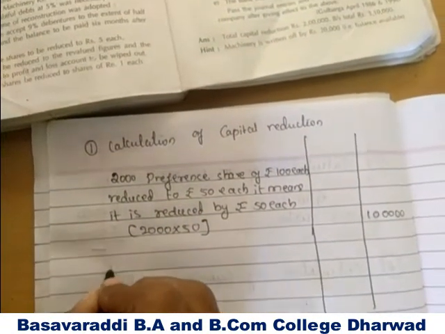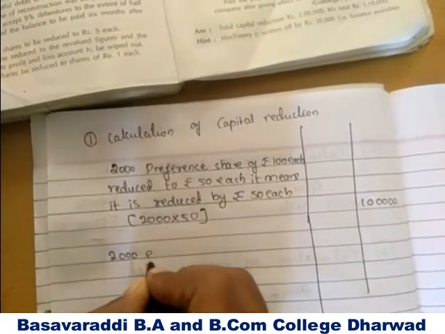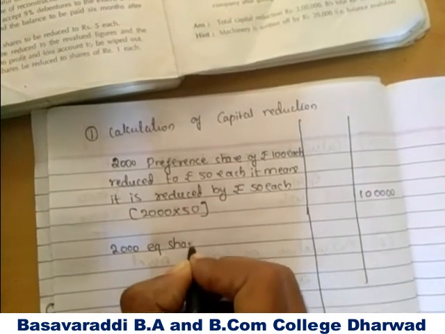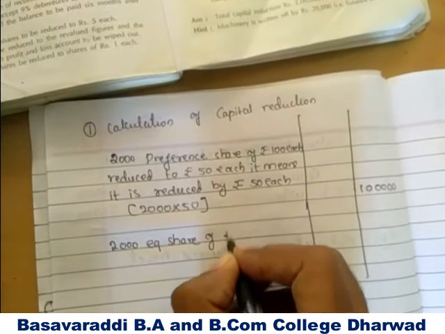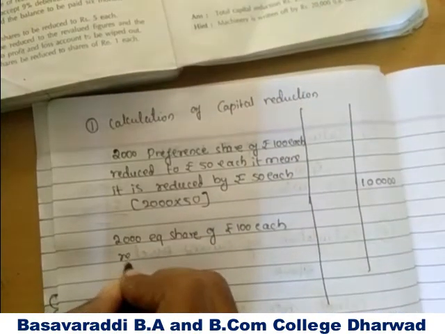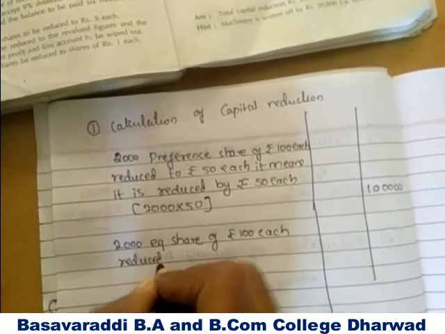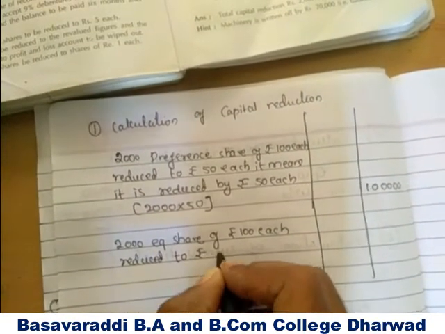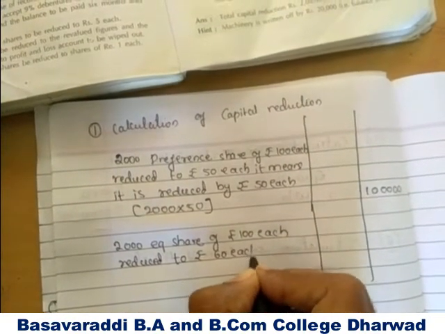Next, second, 2000 equity shares of rupees 100 each reduced to rupees 60 each.